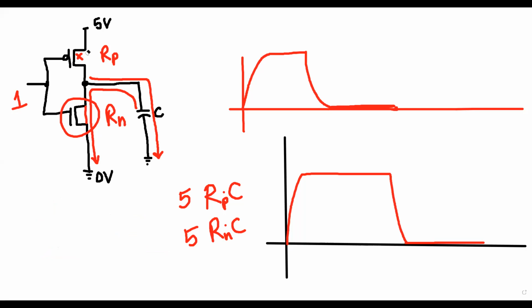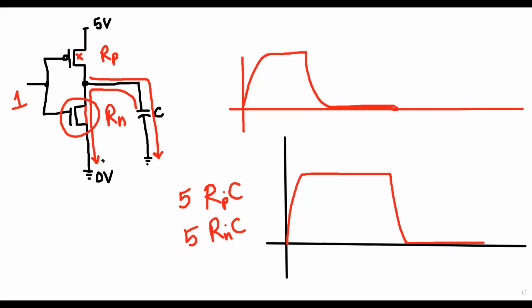What is the charging current? It is called the ISD current. What is the discharging current? This is called the IDS current, the IDS equation that we just learned, right?